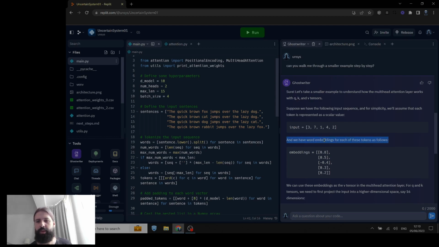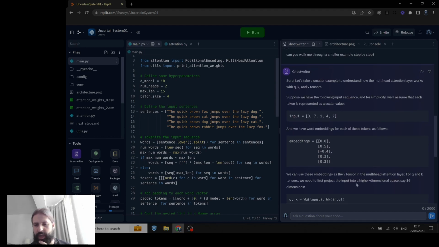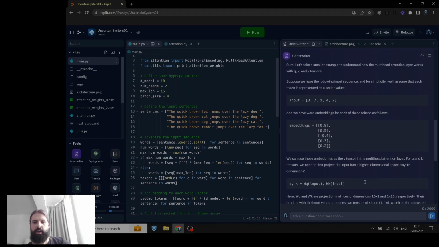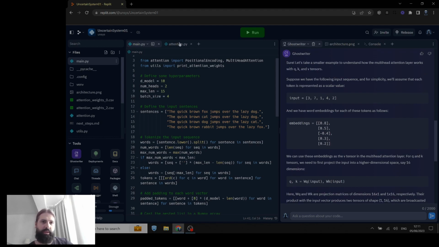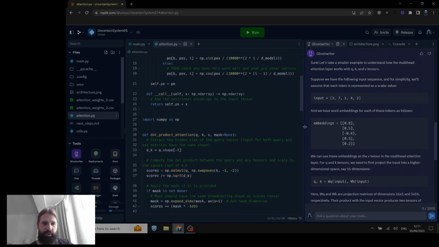So the first thing is we have word embeddings. This is what we don't have. So maybe this is then the vocabulary. We can use these embeddings as the V tensor in the multi-head attention layer. For Q and K tensors, we need to first project the input into higher dimensional spaces.